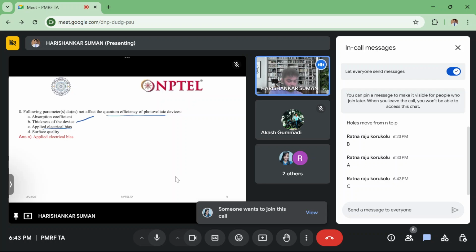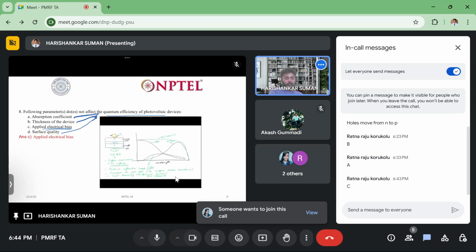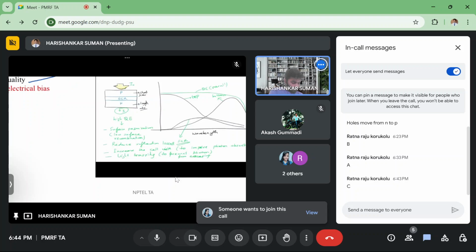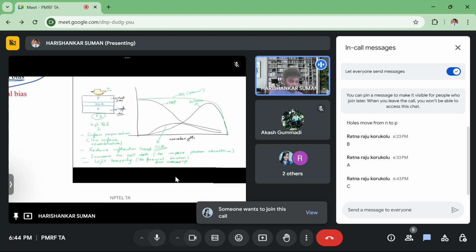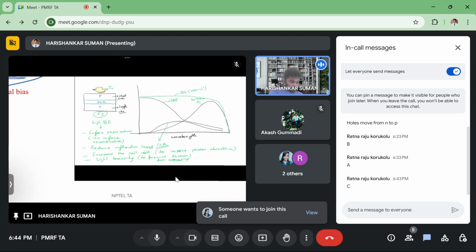Thickness also, and surface quality also affect the quantum efficiency, but applied electric bias doesn't affect the EQE, external quantum efficiency. These are the dependent factors: surface passivation, low surface recombination, reducing the reflection loss, increasing the cell width to improve photon absorption, and light trapping to prevent photons from escaping.